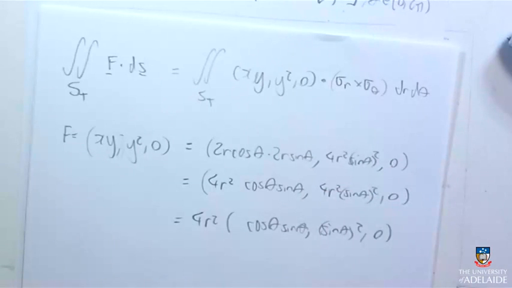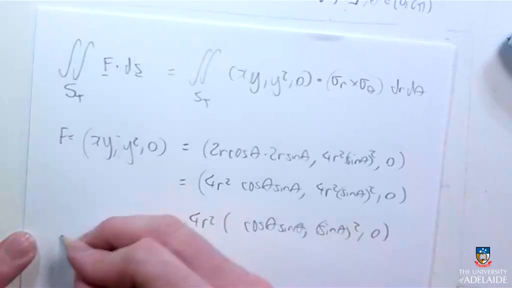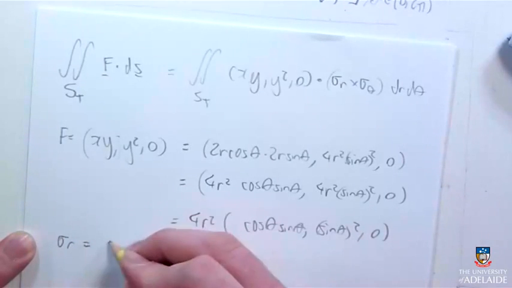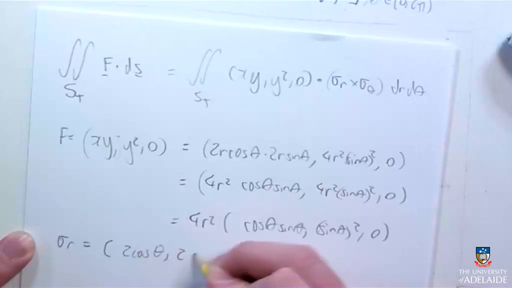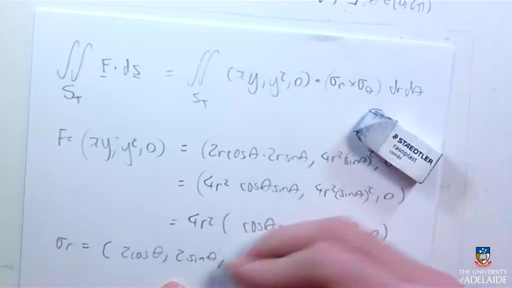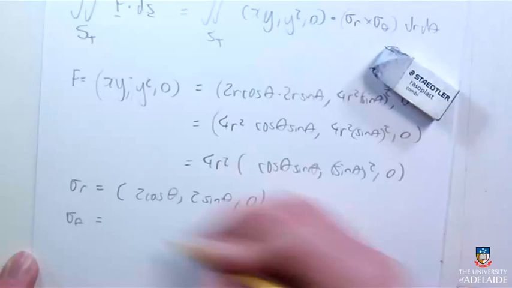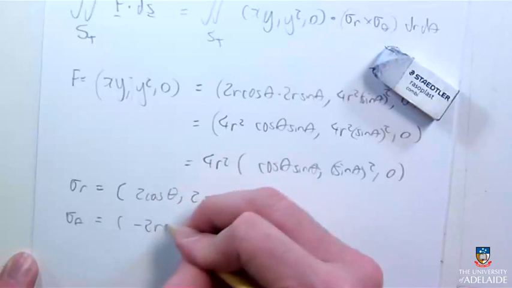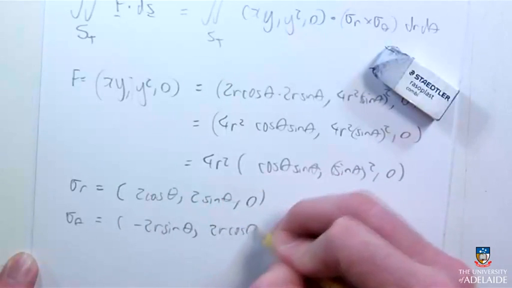Okay, and my sigma r is 2 cos theta, 2 sine theta, 0, and my sigma theta is minus 2r sine theta, 2r cos theta, 0.